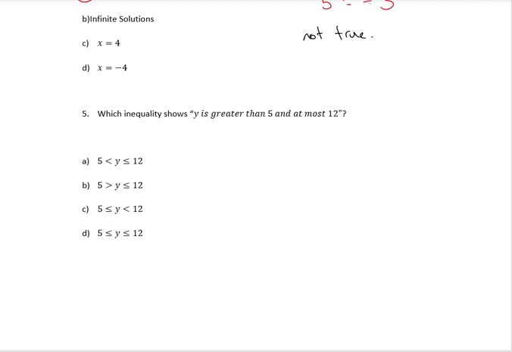Question 5. Which inequality shows y is greater than 5 and at most 12? So you're just going to go through the list pretty much. We know y is greater than 5, or in this case 5 is less than y. So that makes sense. Y is greater than 5.